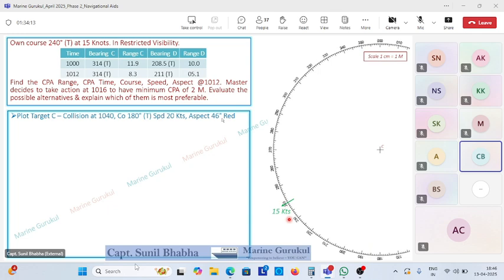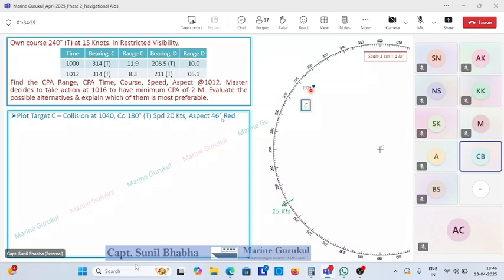Let us first plot the target C, target Charlie. The range is 11.9 miles and the bearing is 314. So on a bearing of 314 at a range of 11.9 miles as per our scale, we plot our first position, and this position is applicable for 1000 hours.